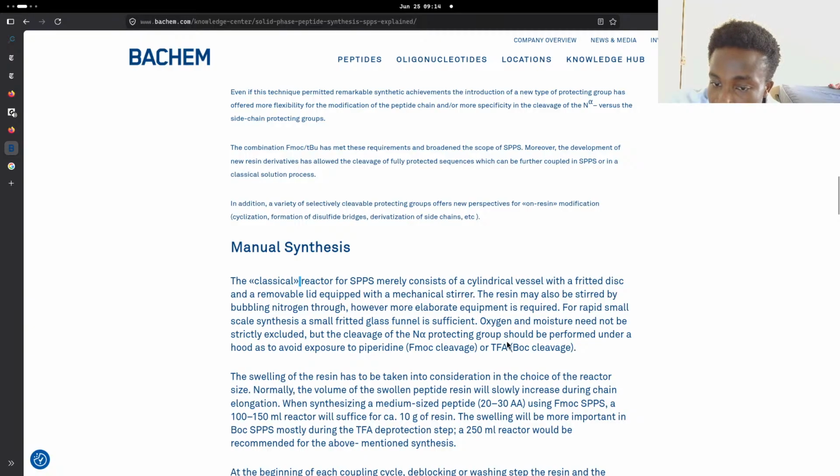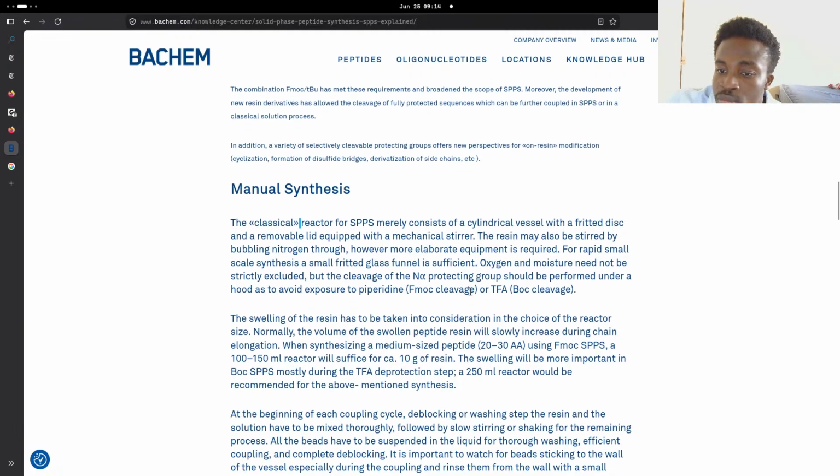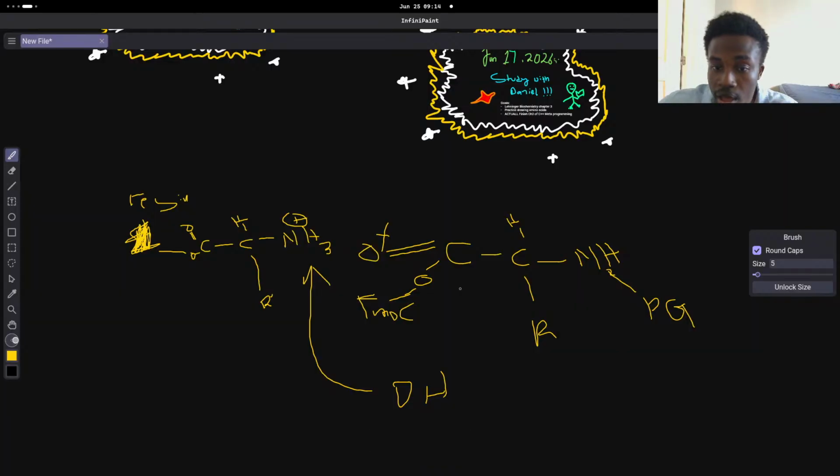Oxygen and moisture need not be strictly excluded. But the cleavage of the N-alpha protecting group should be performed under a hood, because of the odor and exposure to piperidine. So piperidine does the cleavage of this guy. Yes. So piperidine.